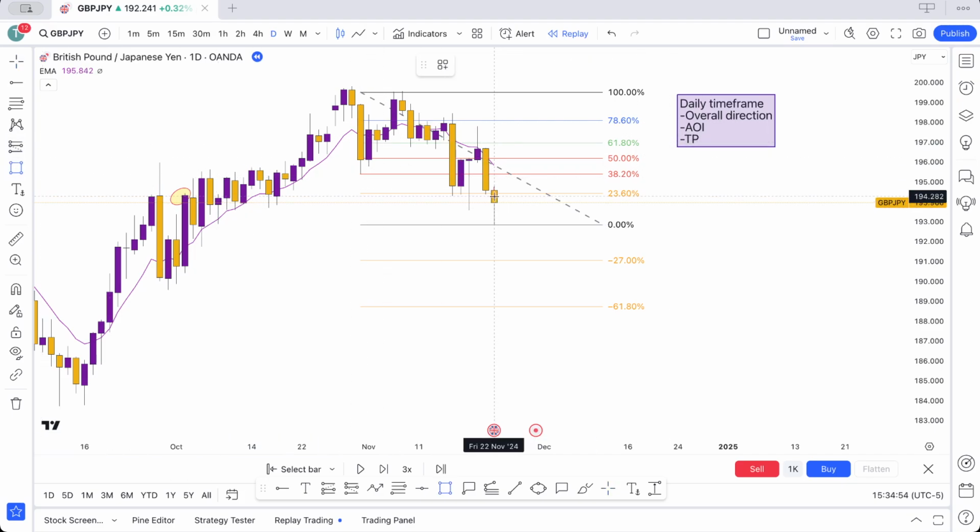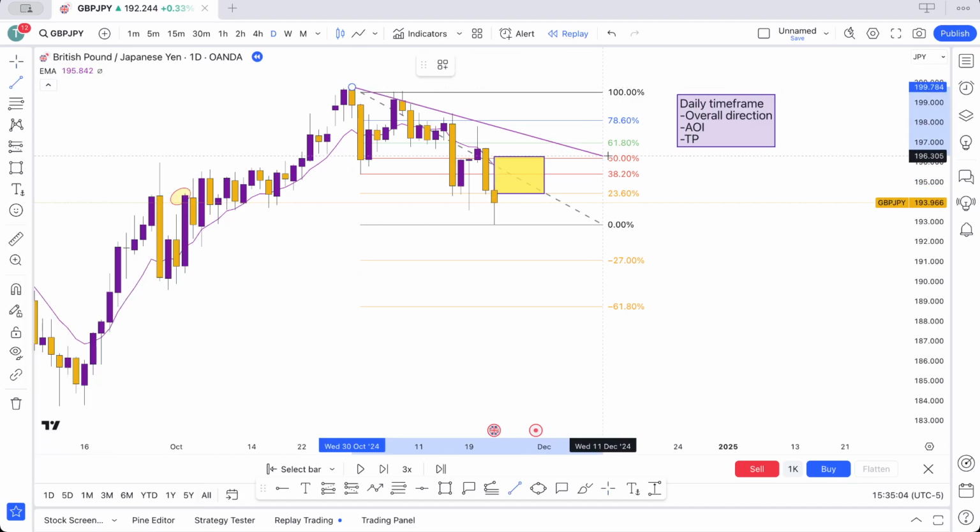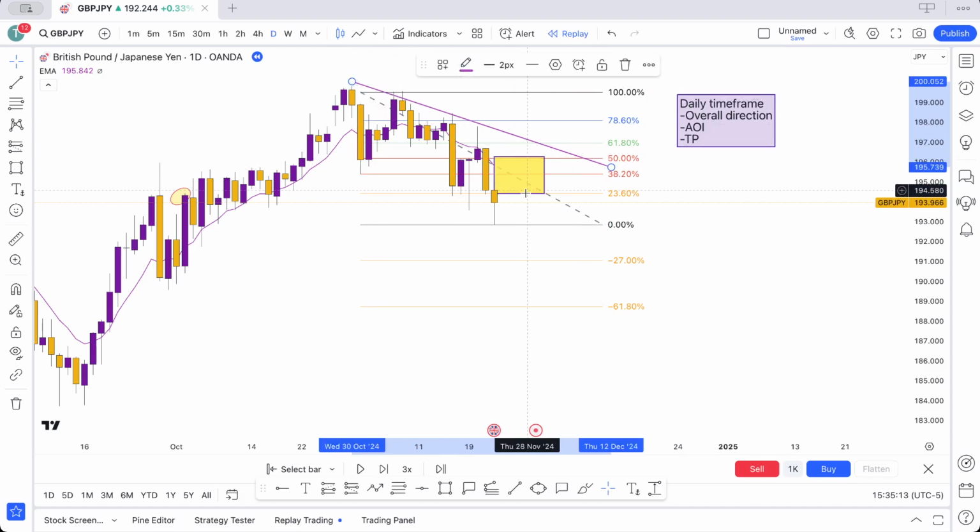All right, so I'm going to draw my yellow box from the 23.6% all the way to the 50% Fibonacci retracement area. Now, I did say that you can draw it as far as the 61%. However, if price got to that area for this specific trade, I would no longer be interested in taking any sells, just for this specific trade.